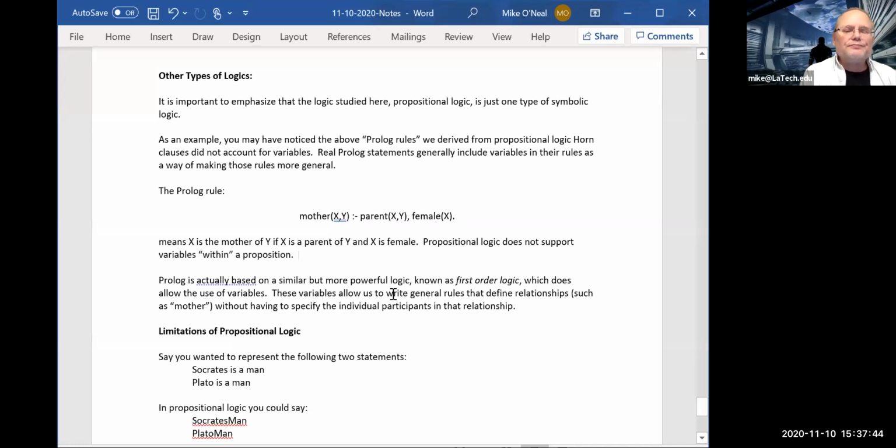Okay, so as I said, Prolog is really based on what's called first-order logic, which does allow the use of these variables. Another bit of Prolog syntax: the relations are lowercase and the variables are uppercase.